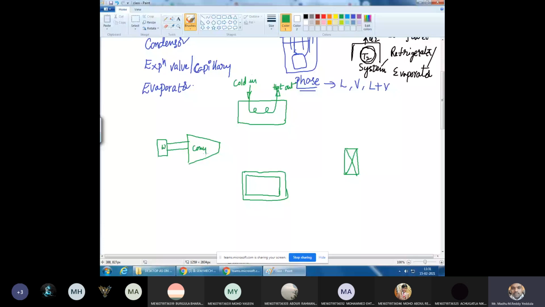This is the compressor, condenser, evaporator, and the expansion or throttle valve. This is the circuit.